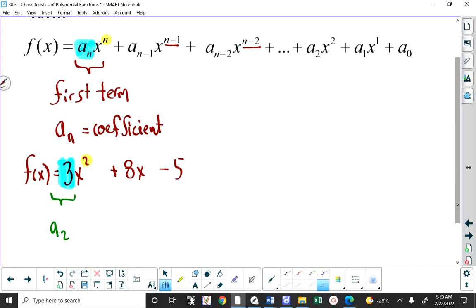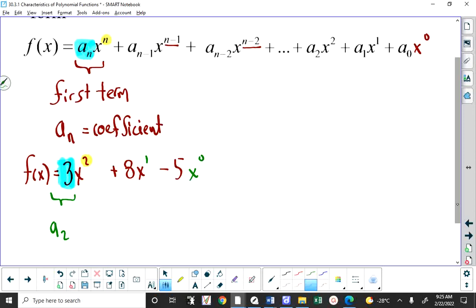And then it keeps dropping until you get down to something times x to the 1, and if you like, something times x to the 0, because x to the 0 is 1. In other words, everybody, quadratic functions are polynomial functions. We've got x to the 2, x to the 1, x to the 0, and there are coefficients in front of the terms.